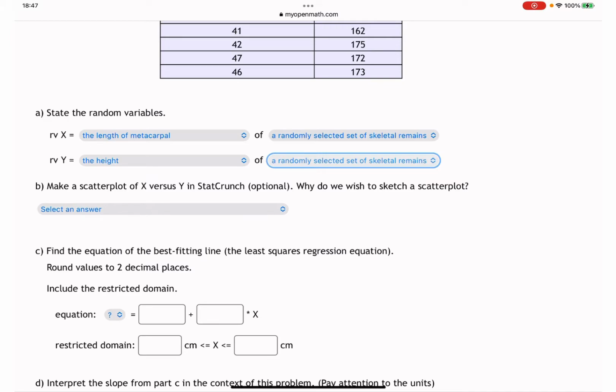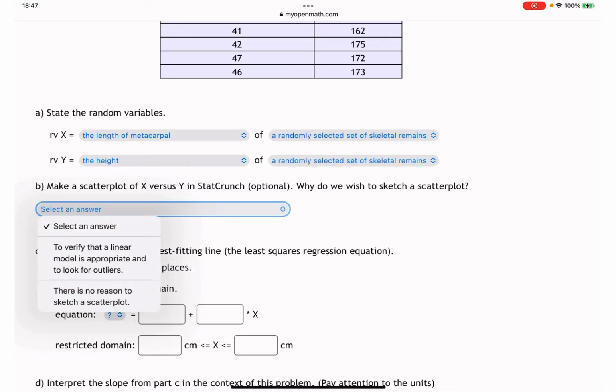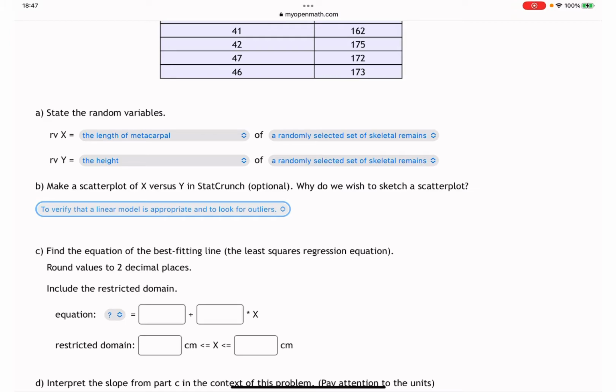But in this case, it's not necessary, especially since it says optional. The answer is to verify that the linear model is appropriate and look for outliers. There we go.